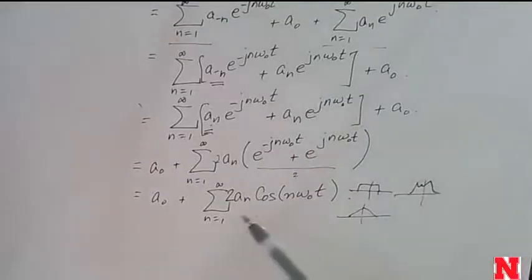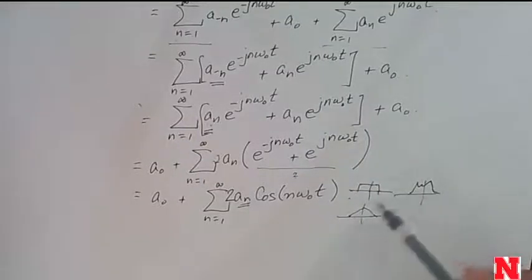And what this says is I can take cosines, which are multiples of the fundamental frequency, and using those cosines, I can reconstruct whatever shape that original signal was just by changing these coefficients.